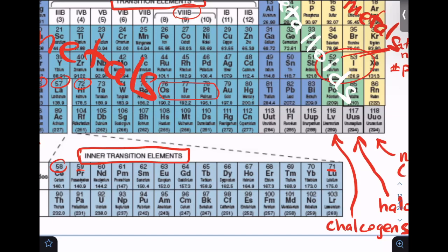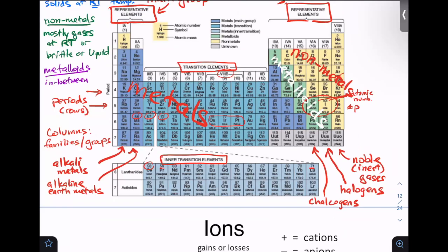Just like we've got the transition elements inserted in the middle of the main group elements, we could have displayed this even wider with the inner transition elements inserted in between those transition elements when we got to row 6 and row 7. We won't be working much with the inner transition elements in this class, but it's just a way to kind of orient you around the periodic table.